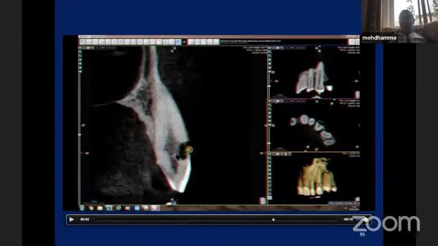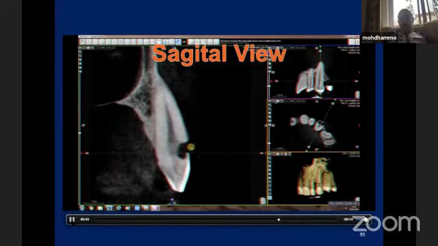When you look at the sagittal view here, you can know how much cervical resorption we have here. And this cervical resorption affected the pulp, and we now need to make root canal treatment.